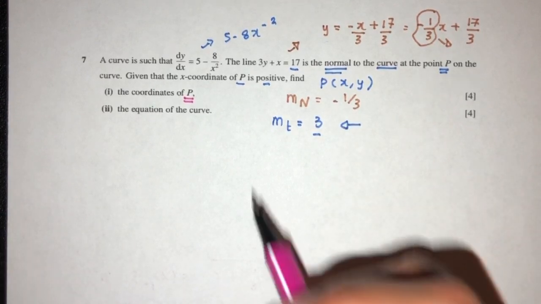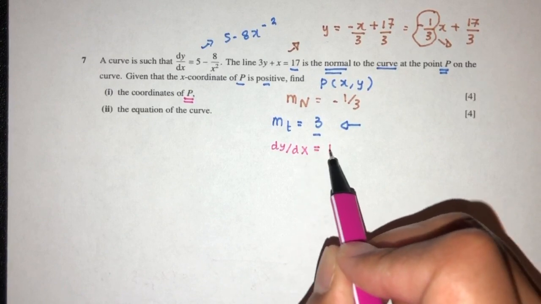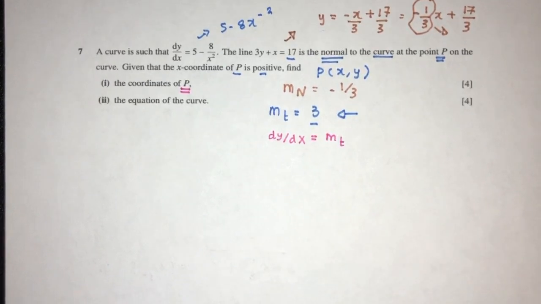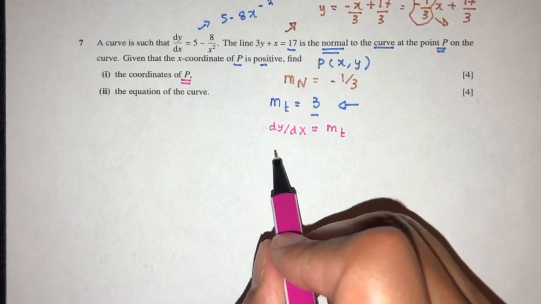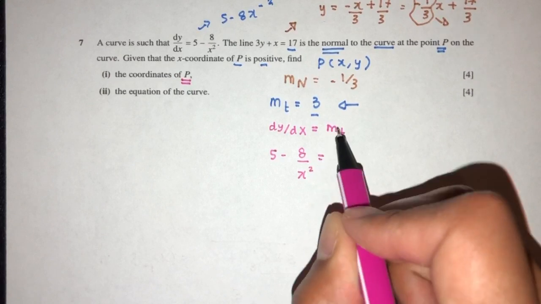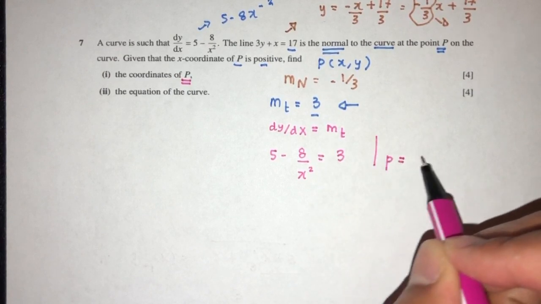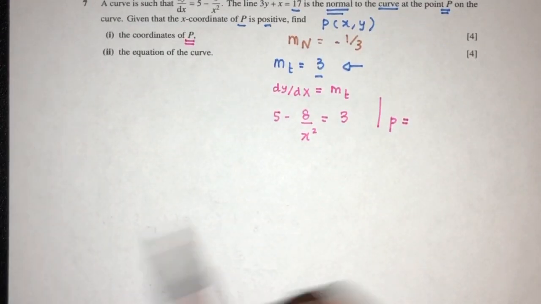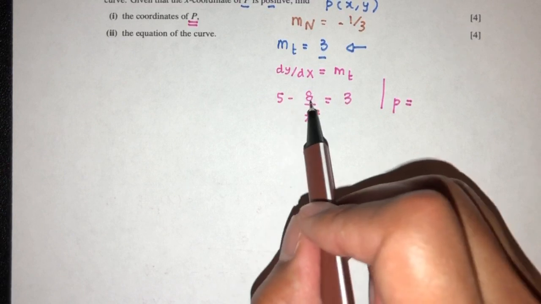Now we understand that dy by dx is simply the gradient of the tangent, right? So at this point, we know that dy by dx, 5 minus 8 over x squared, has to be the value of 3 at the point P. Now we have to solve for the value of x. So first we can multiply by x squared everywhere. We can send this here and this over here.